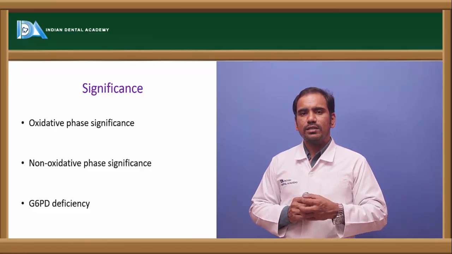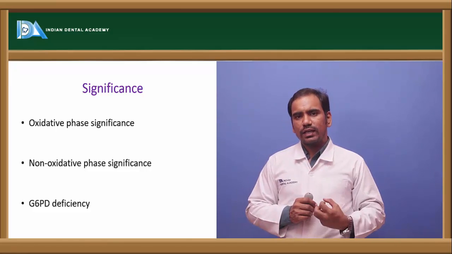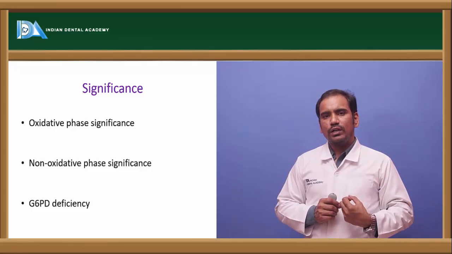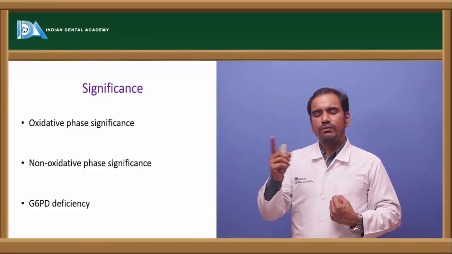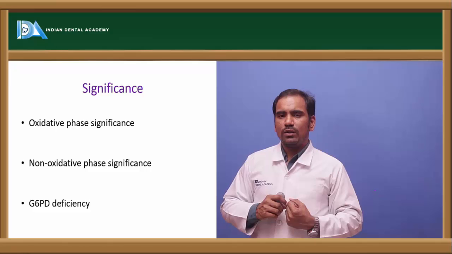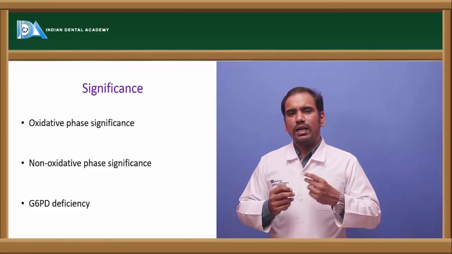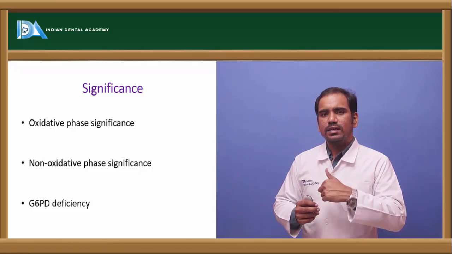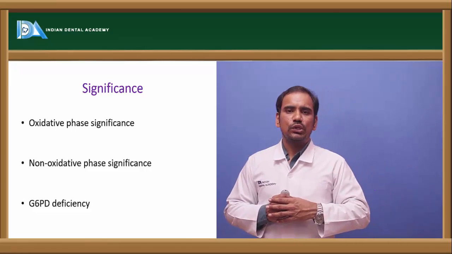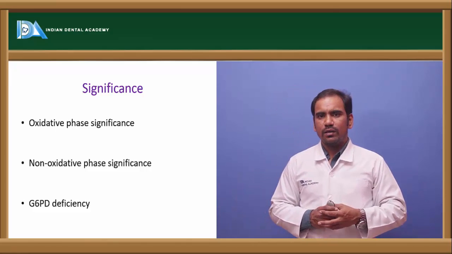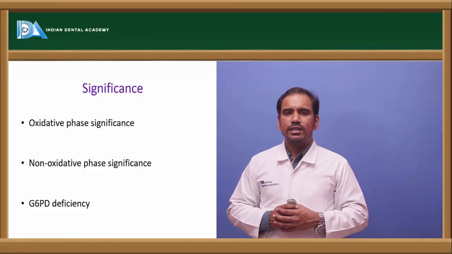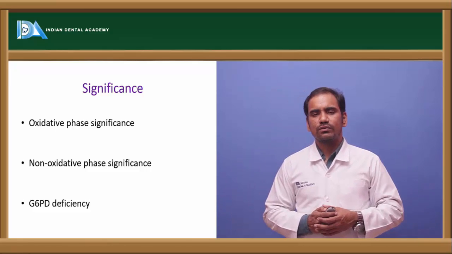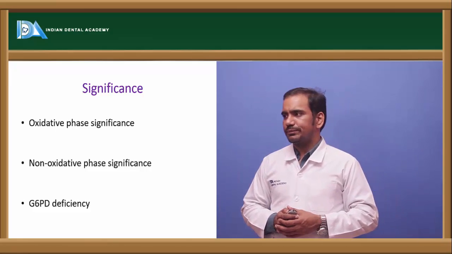Without NADPH, reduced glutathione cannot be formed, and without it, hydrogen peroxide cannot be detoxified. So its concentration increases, leading to hemolysis, and finally a condition called hemolytic anemia. That is the significance of G6PD deficiency, glucose 6-phosphate dehydrogenase deficiency.